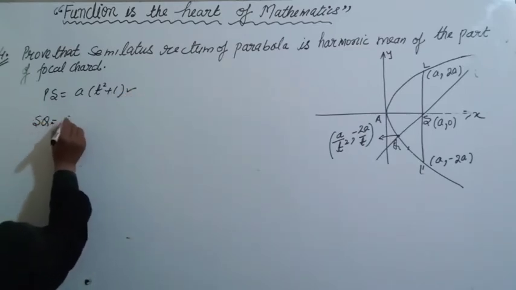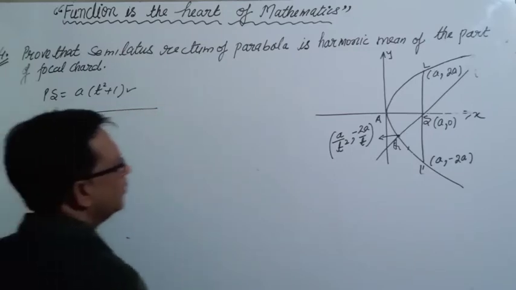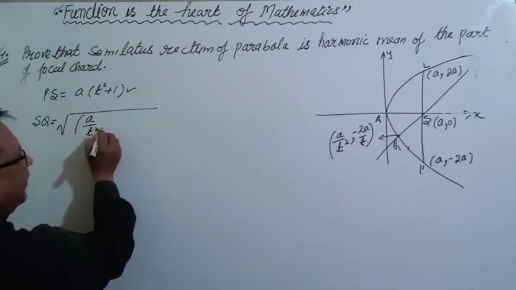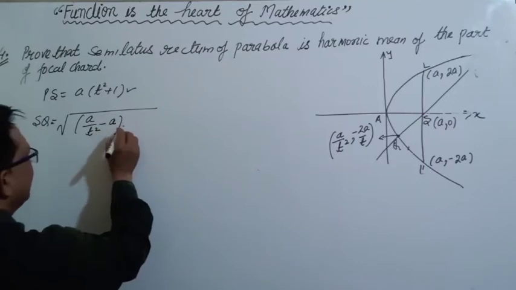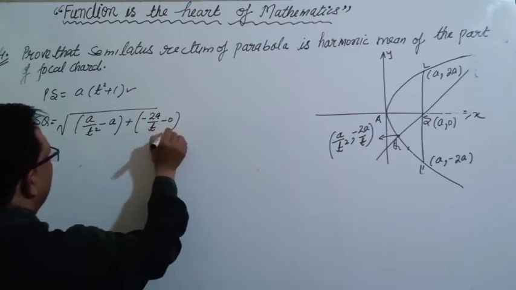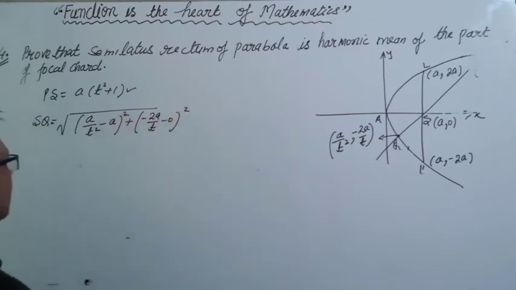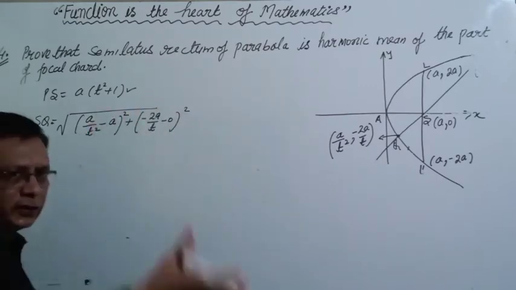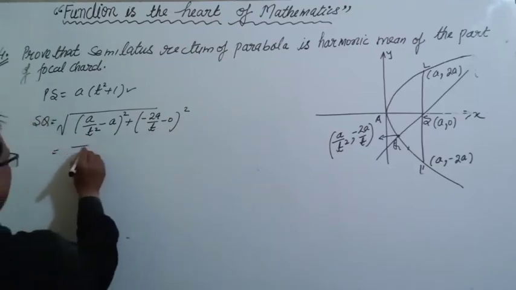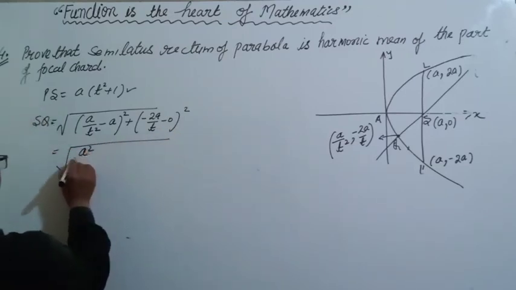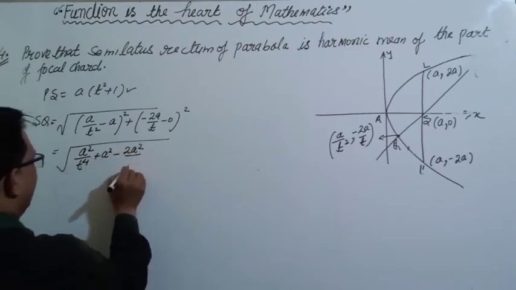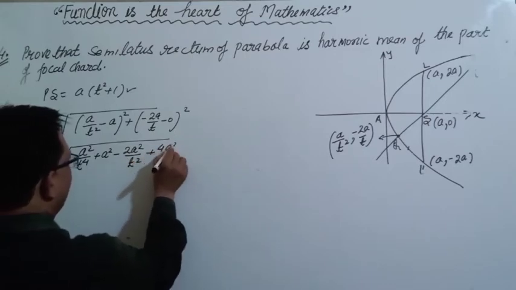SQ is equal to, applying the same distance formula, (a upon t² minus a) whole square plus (minus 2a upon t minus 0) whole square. Same thing but in reciprocal. So we open the bracket. This is a² upon t to the power 4 plus a² minus 2a² upon t² plus 4a² upon t².